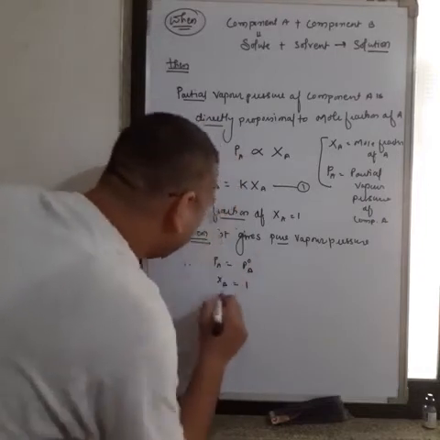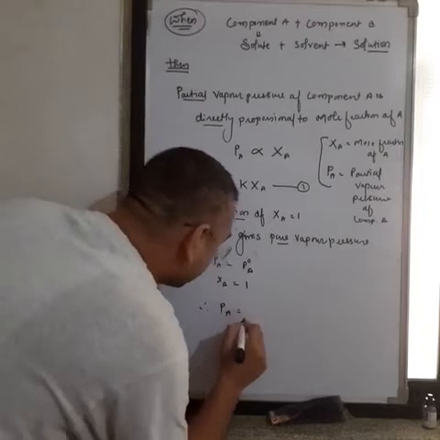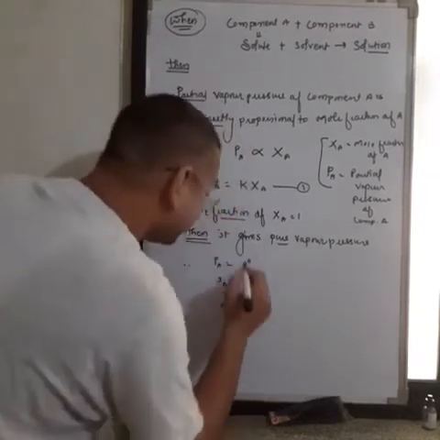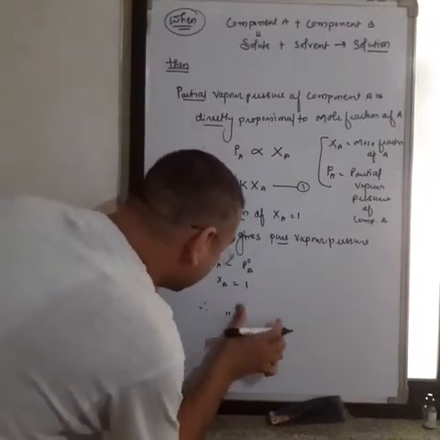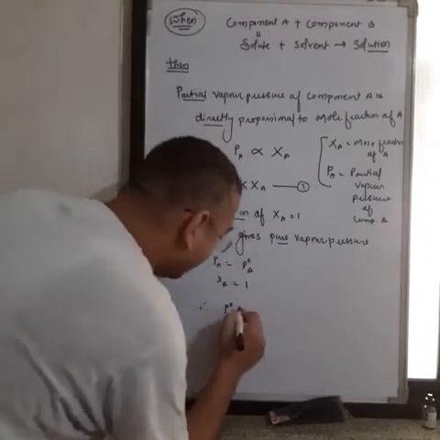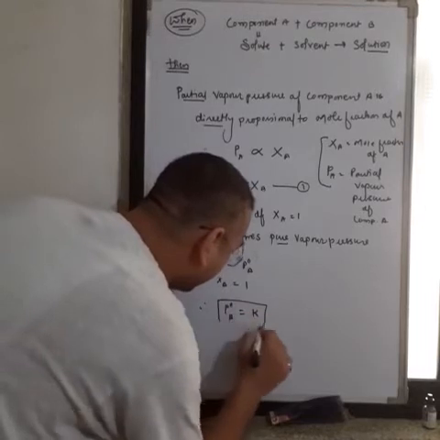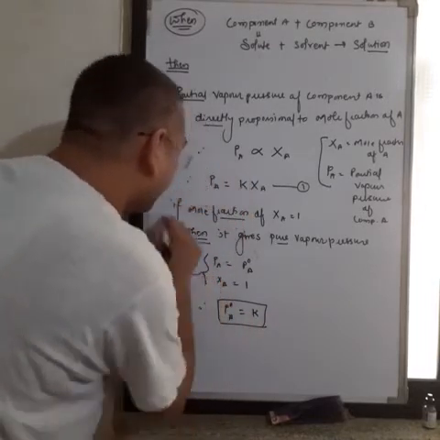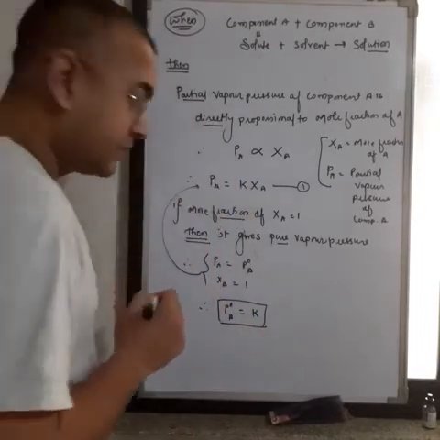So we can write PA, here instead of this, P naught A, is equal to K. Put both values in equation 1.